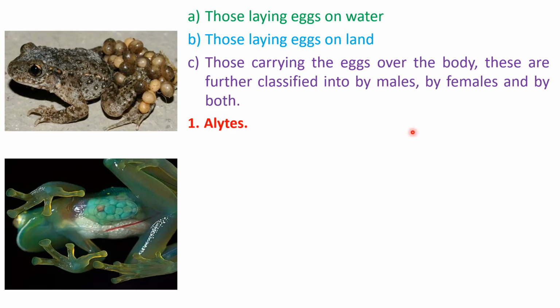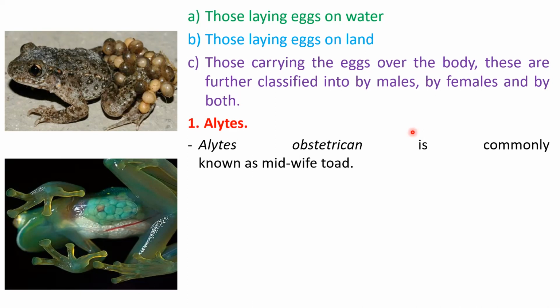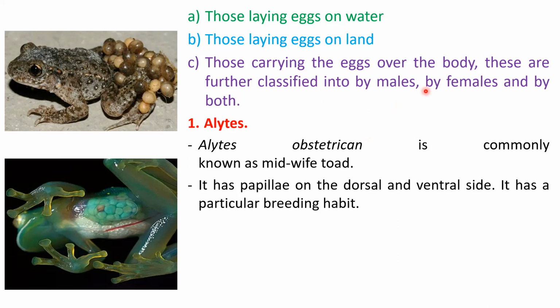Then we have to see the example, that is the Alytes. It is one of the examples, this Alytes frog. Alytes obstetricans is commonly known as the midwife toad. It has papillae on the dorsal and ventral side. It has a particular breeding habit.